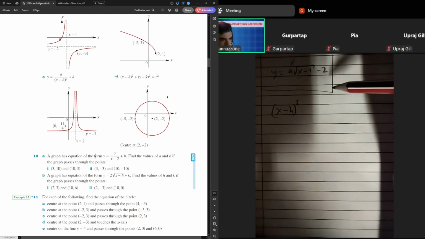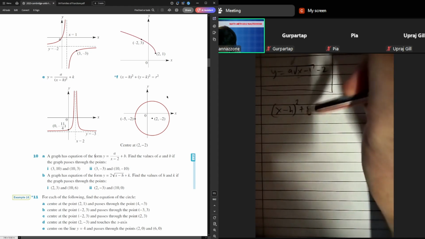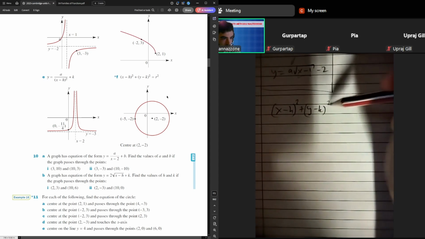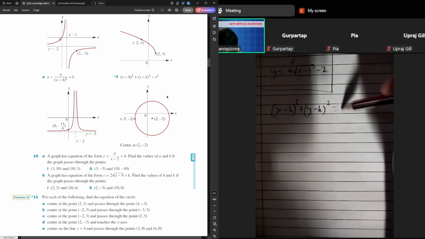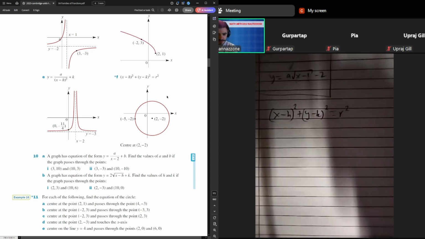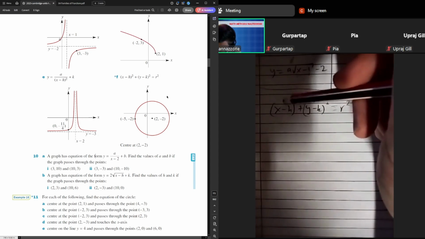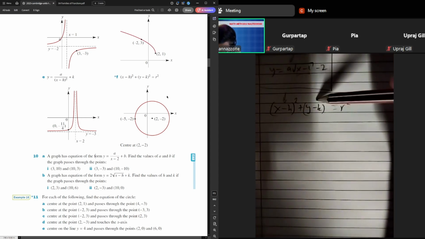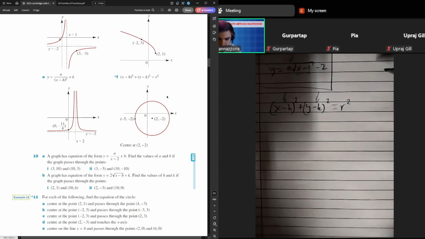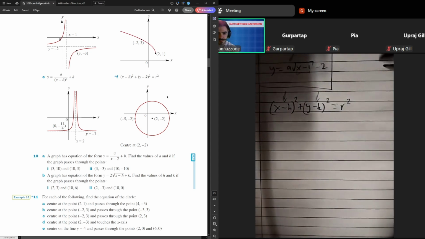X minus h all squared plus y minus k all squared equals r squared. Okay, so the way circles work, it's a little bit wacky in that this is setting your horizontal translation, this is setting your vertical translation, and both of these are with reference to the center of the circle.